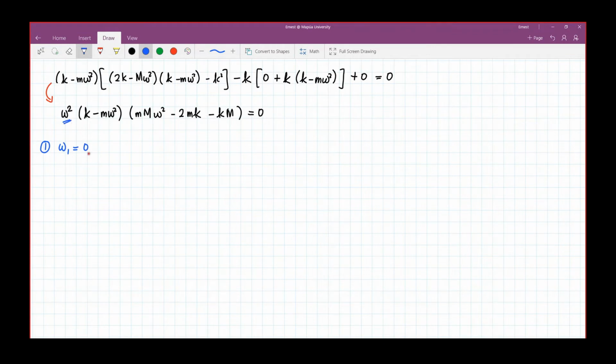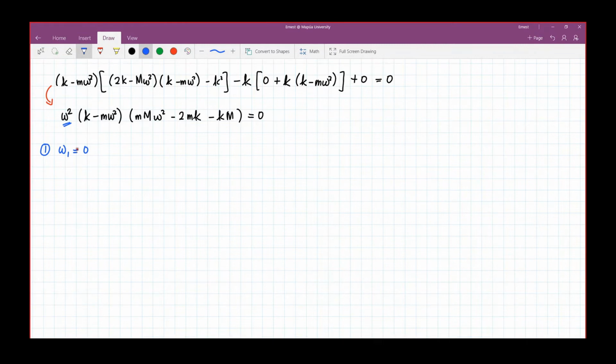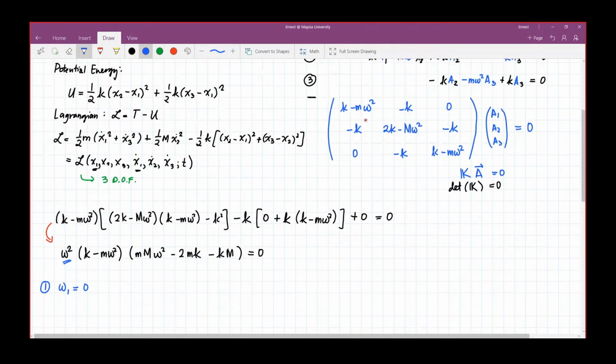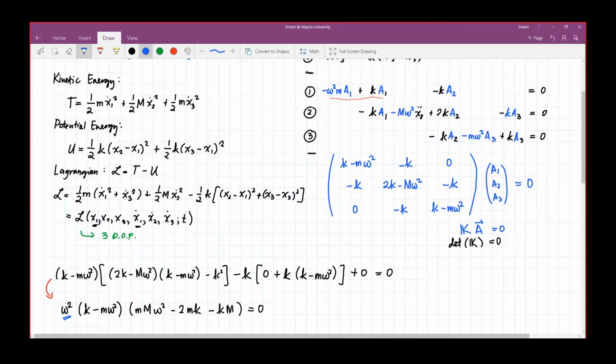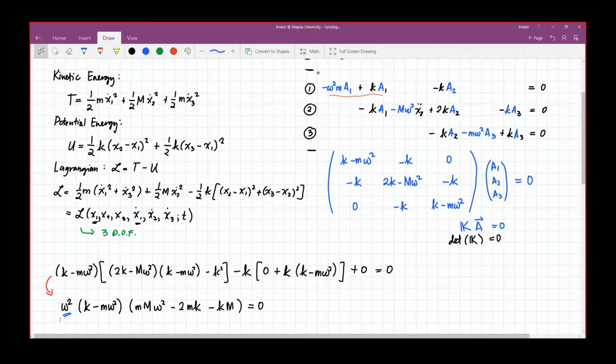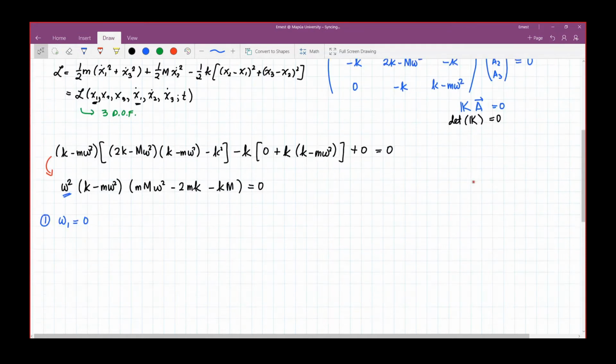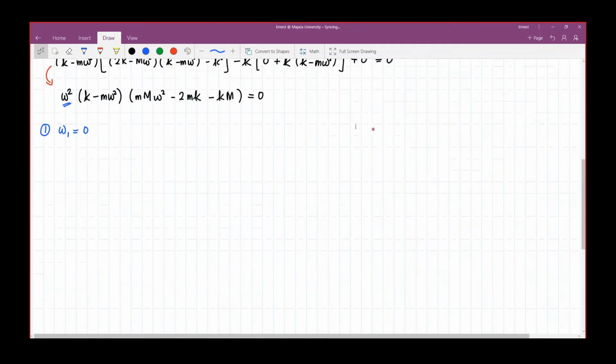Now if we're going to substitute that here or here, let me select this, then let's paste it here.